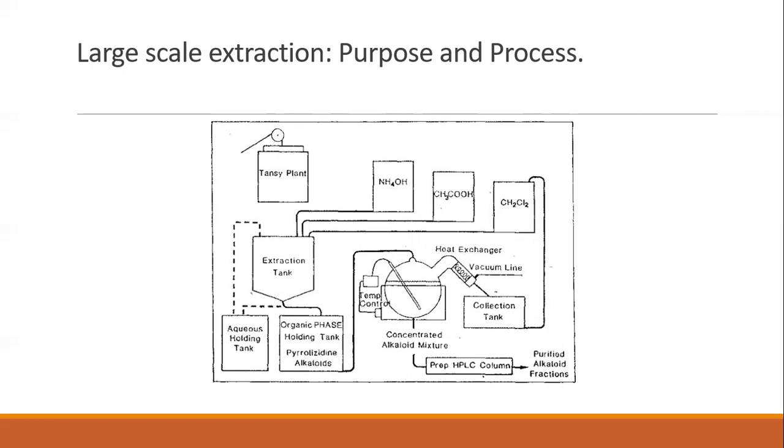Like in this, you can see that it has the extraction tank where the extraction is taking place, and after that a continuous extraction phase is also connected. So whatever you have incorporated, you are getting it back. Then an HPLC column is also attached, which purifies to the finest form, each component. So large-scale extraction processes are usually like this.